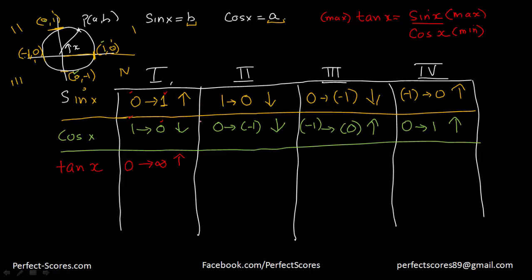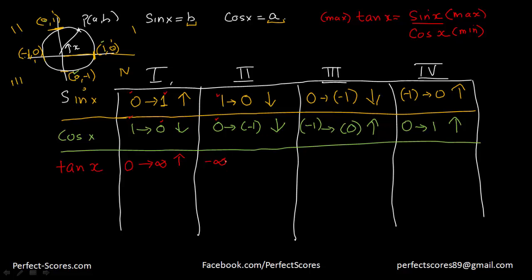Now same thing we're going to do over here, that is we're going to divide this by this, 1 over 0. So in the second quadrant, we're going to start from negative infinity, right? Now why negative infinity? Because, as you can see, sine of x is a positive number and cosine of x is a negative number.